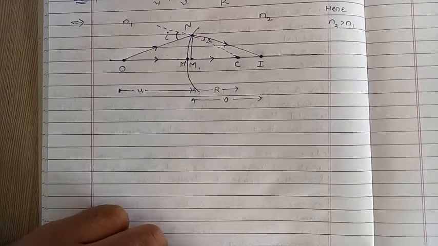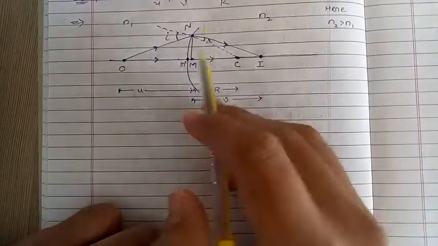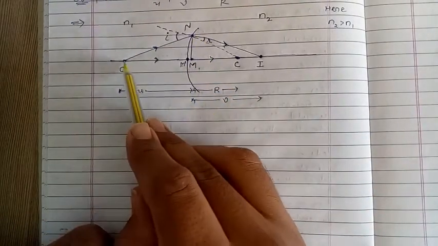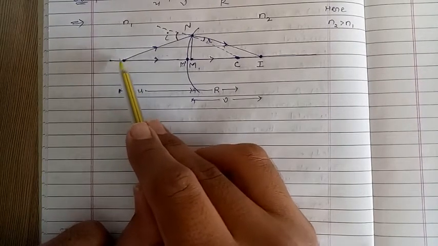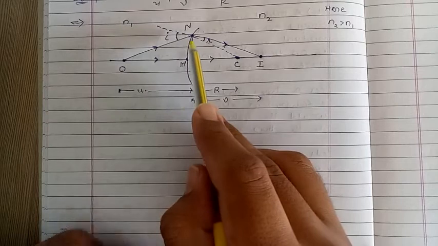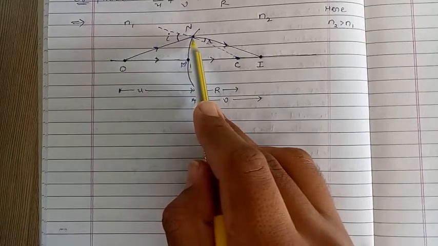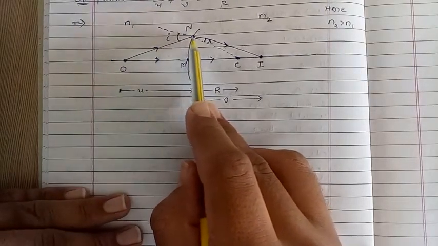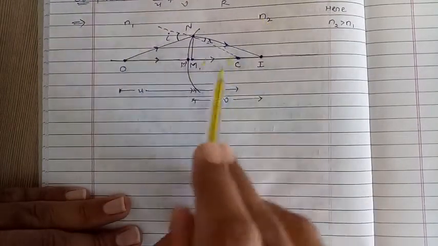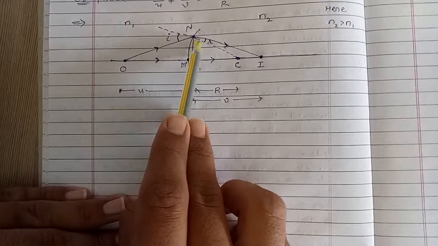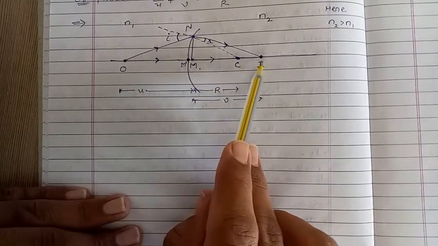Okay, once again I explain this figure. This is the spherical surface, object O. The ray from object O is incident at point N. Here this ray goes from rarer to denser, so this ray is bent towards the normal, right?